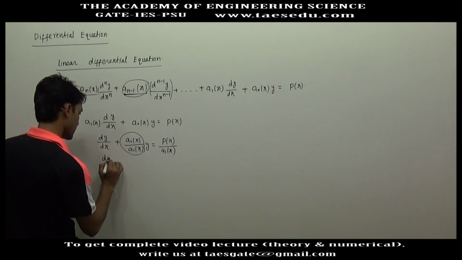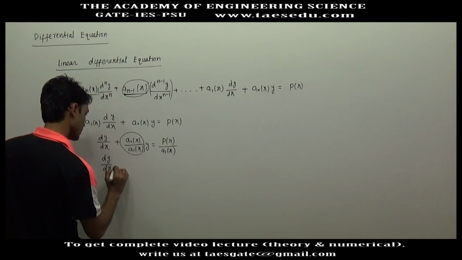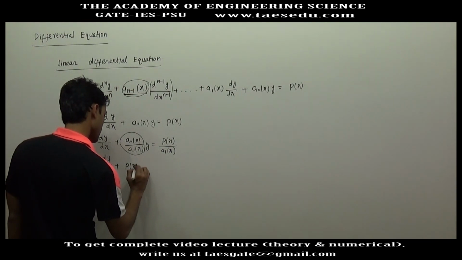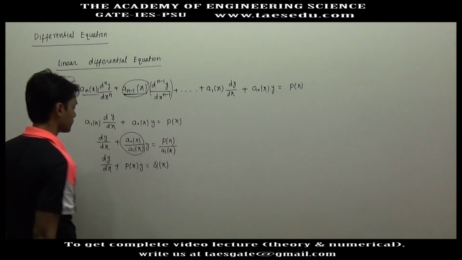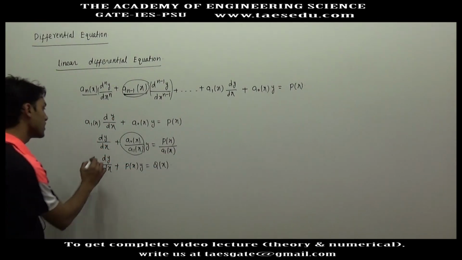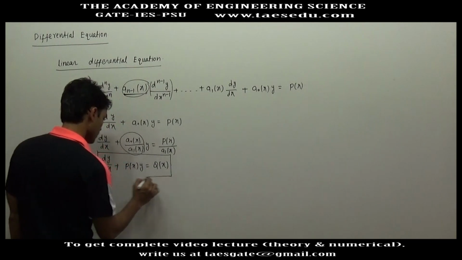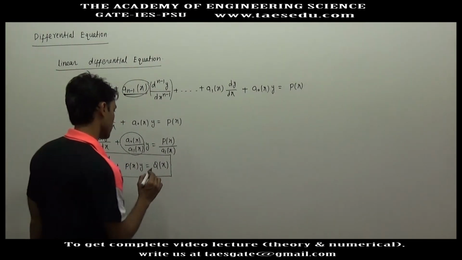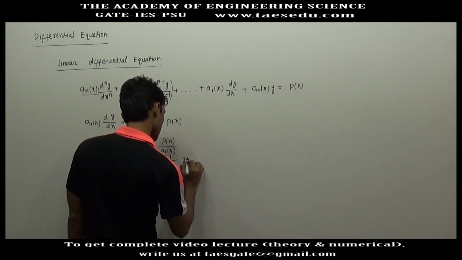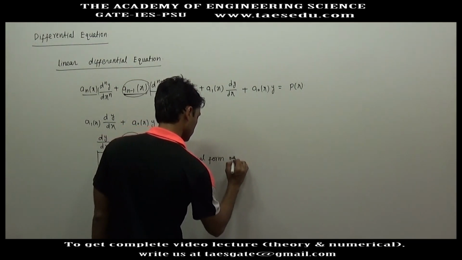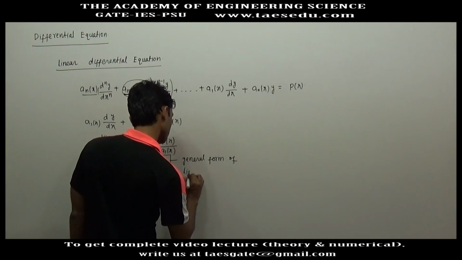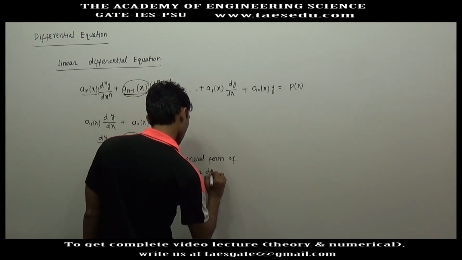So this can be written as dy by dx plus P(x) into y is equal to Q(x). So this is the general form of a first order linear differential equation.